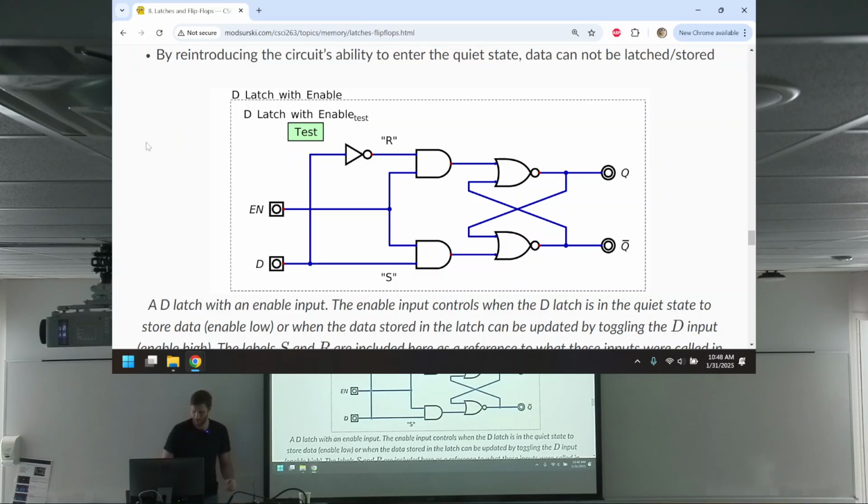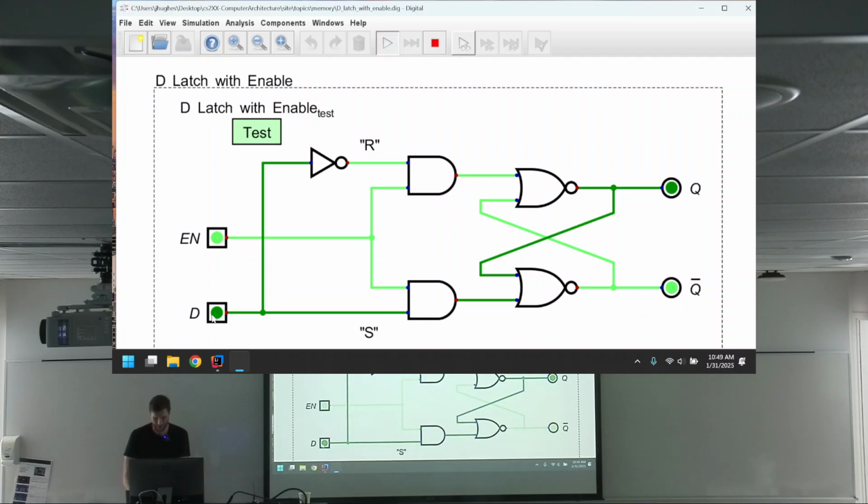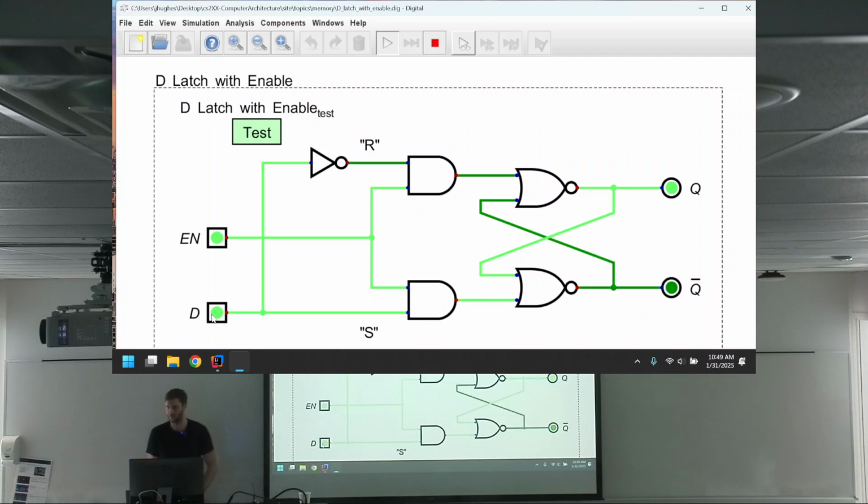Like I can have, if I go back here, okay, enable, disable, right? Let's say I'm enabling this. It's enabled, and data's changing on here, okay? But the data coming in, this is a signal line that's connected to who knows what, all right? Can you see that? Yeah, okay.